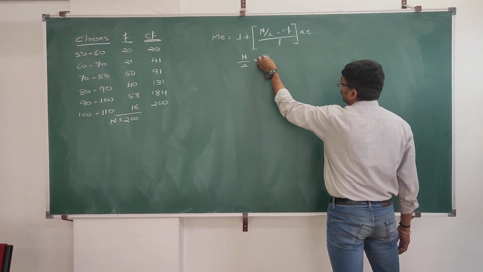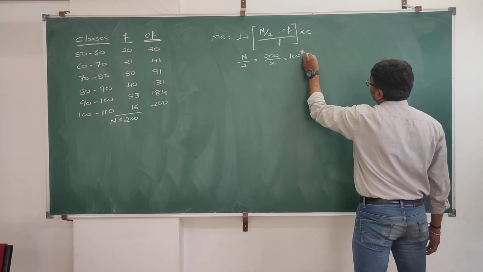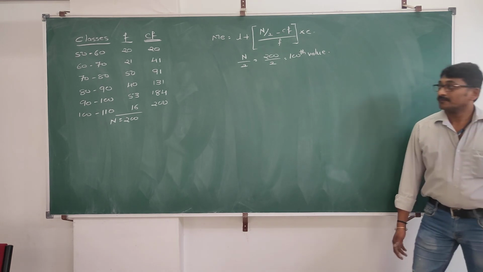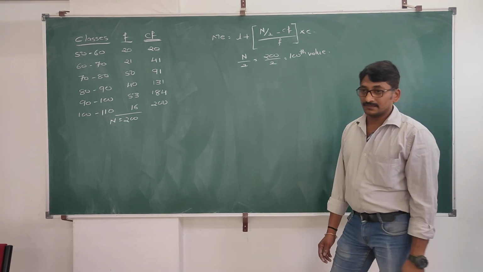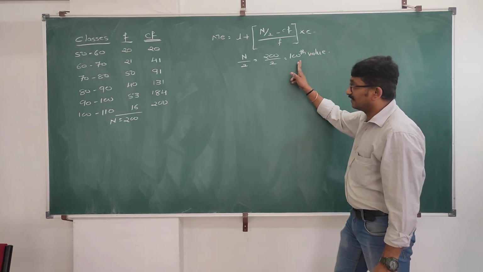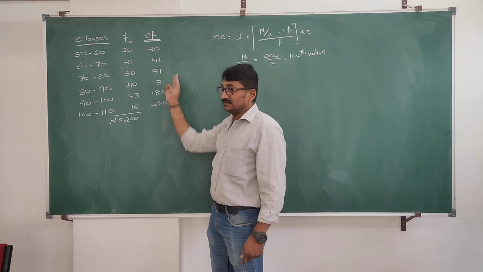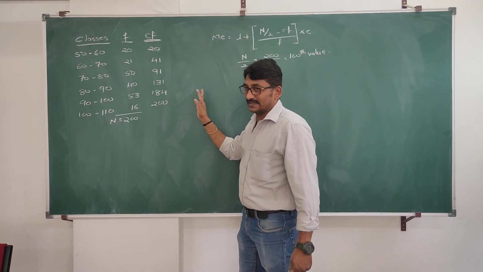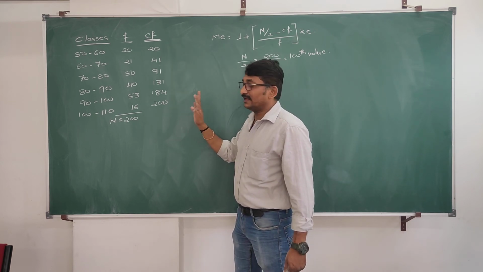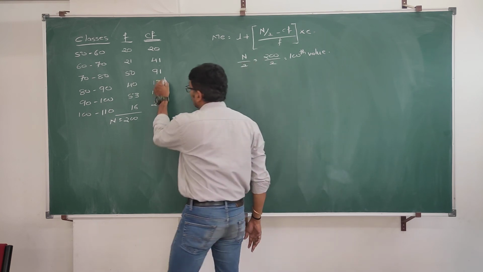You know the n value, that is 200, divided by 2, it comes to 100. Now you have to see this 100 in which column? CF column. You may get exact or you may not get exact value. 100 exact value is not there. So 100 comes under which value? 131. Correct?